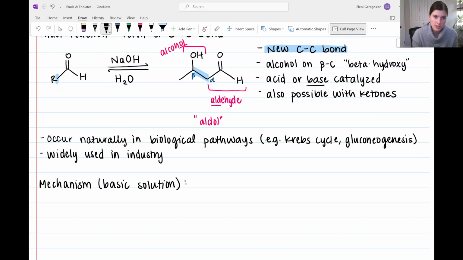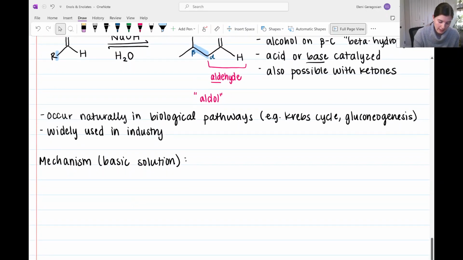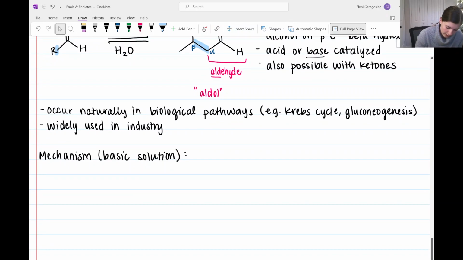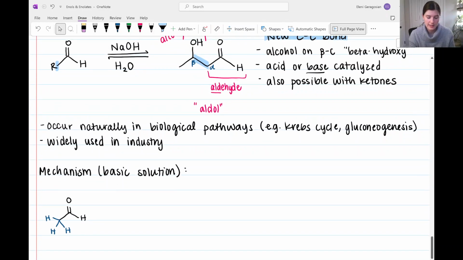We will start with acetaldehyde here, so we'll just have a CH3 group as the R group. We have 3 hydrogens bonded to that carbon. We are in basic solution. We have sodium hydroxide and water.